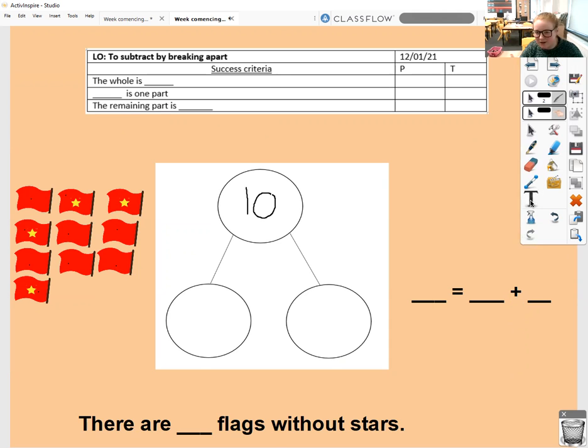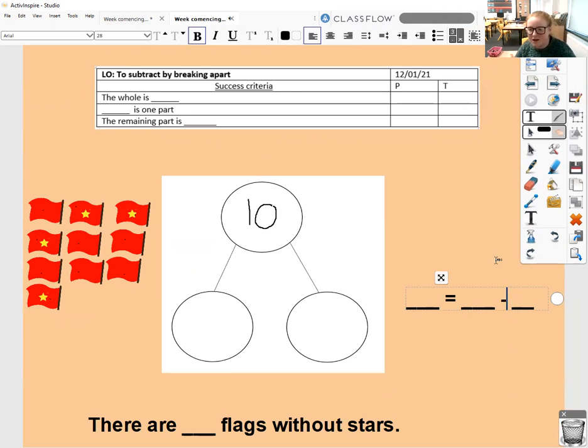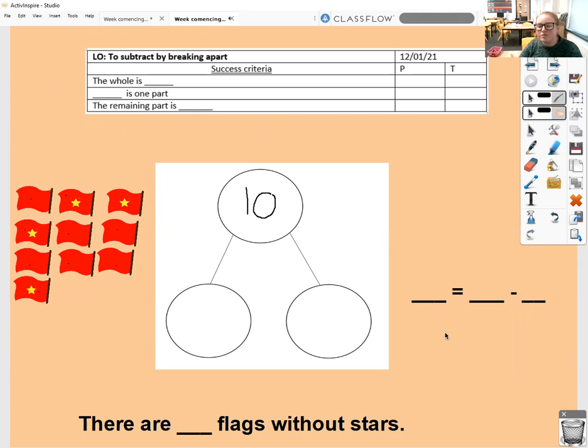So let's quickly change that. My number sentence now has the remaining part at the beginning because it's subtraction. I need to look for my subtraction symbol. I know that my whole goes before my subtraction symbol.